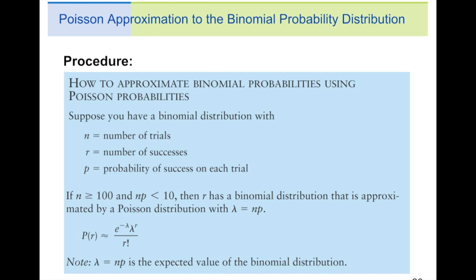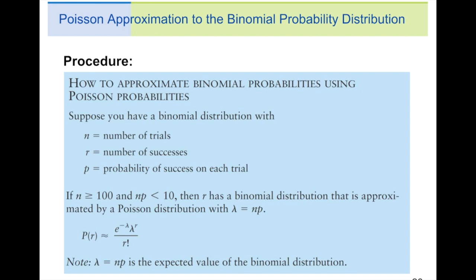How to approximate binomial probabilities using Poisson probabilities. Suppose you have a binomial distribution with n the number of trials, r the number of successes, and p the probability of success. If n is greater than or equal to 100 and np, again the mean, is less than 10, then R has a binomial distribution that is approximated by a Poisson distribution with lambda being np.